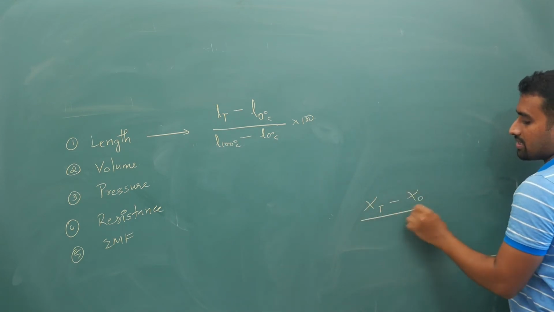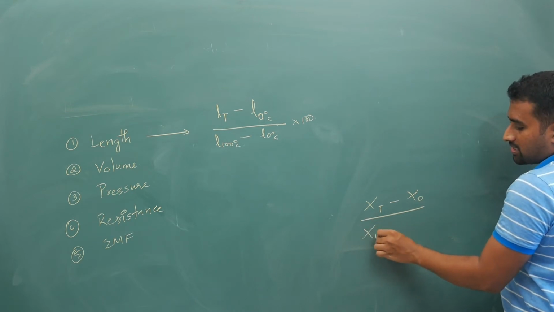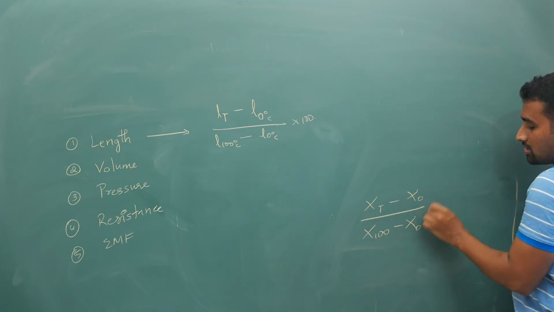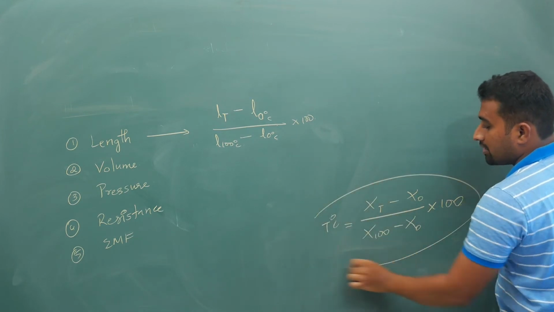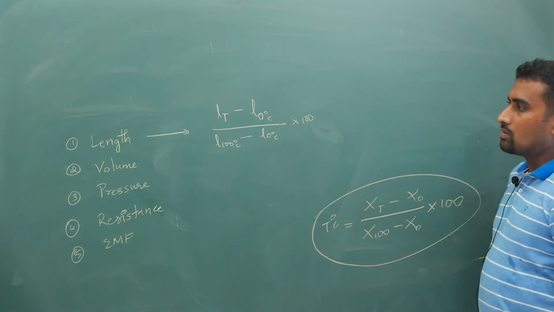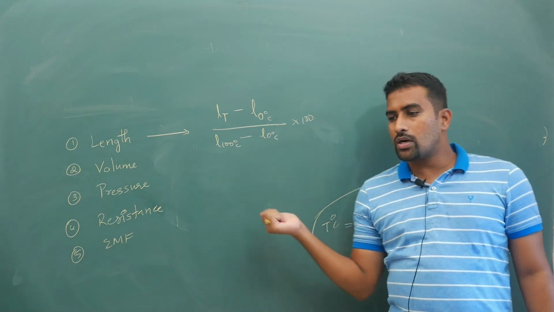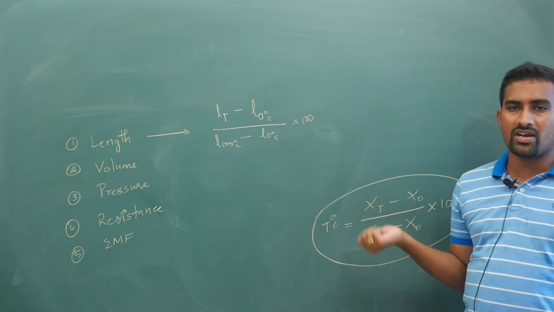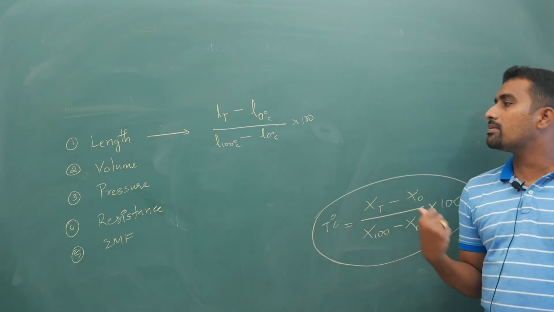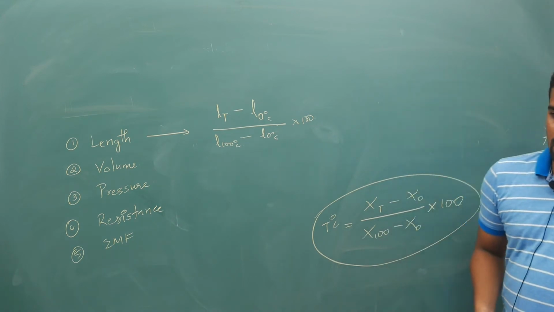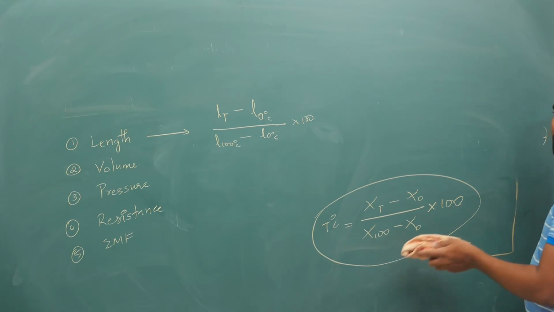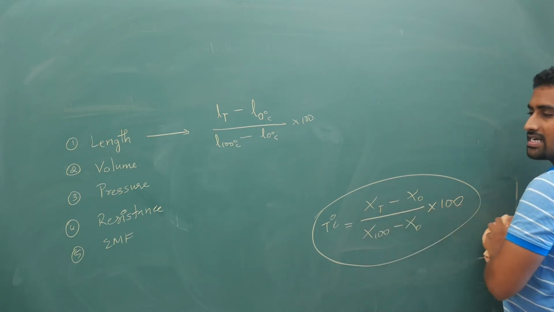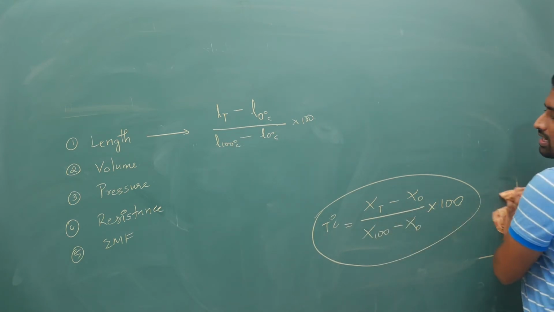The formula is Xt minus X0 by X100 minus X0, into 100, is your temperature. Correct it. So into 100 is there in the formula. If you simplify and check, you will get it. Without 100, no. Obviously, in the denominator itself you will get 100, and in the numerator the Ts will cancel off, so you will have 100.